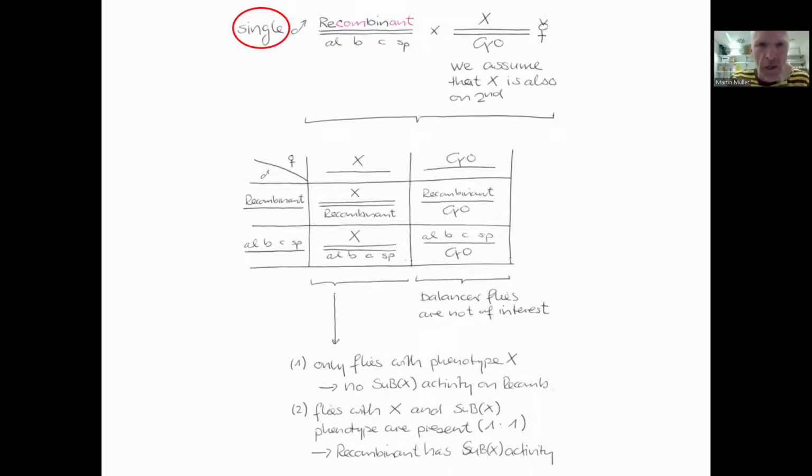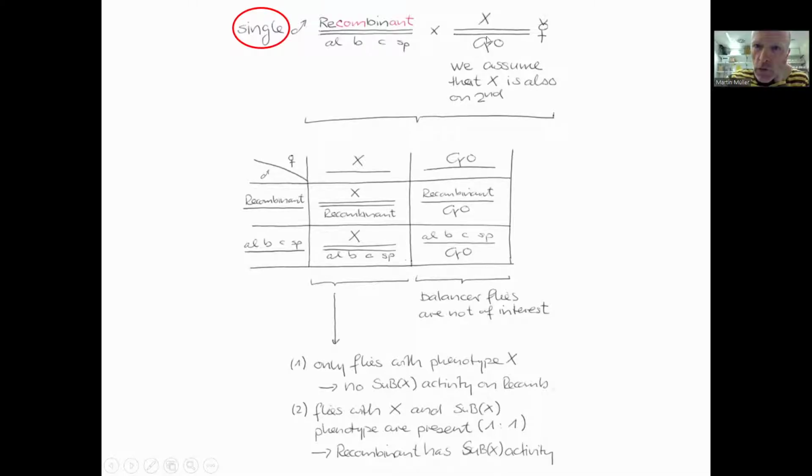If we would take females here, we would be in danger of losing the suppressor again if it has it. So that's why you have to use males here, because they don't show meiotic recombination, and so you do not change the integrity of this chromosome.